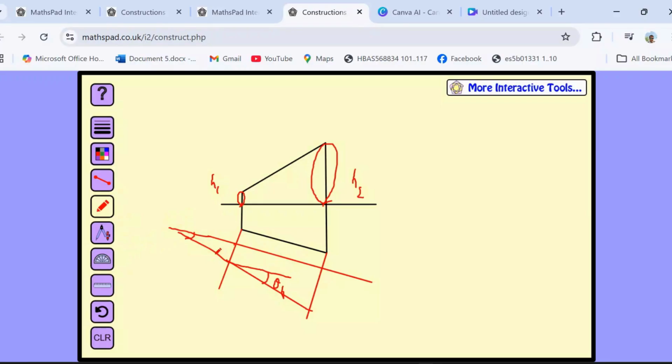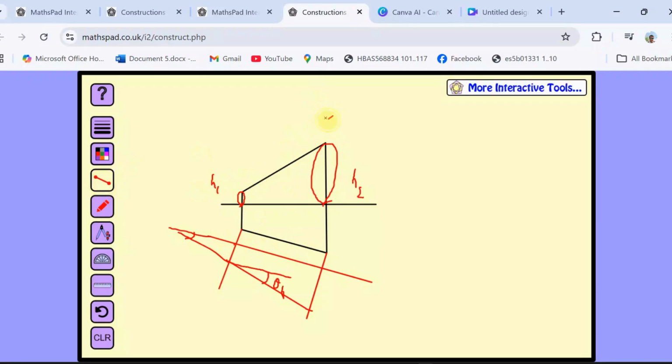Now, if you are asked to find theta v, then you should follow the same procedure, but the only difference is that you should start from here. So you should draw a reference line parallel to A prime B prime rather than AB.